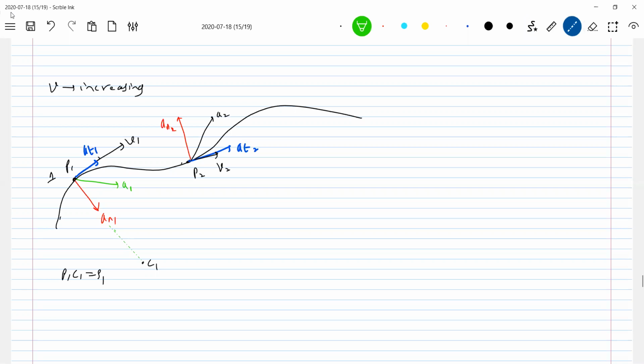You extend it like this, and the center of curvature will come here. So this should be C2, so P2C2.